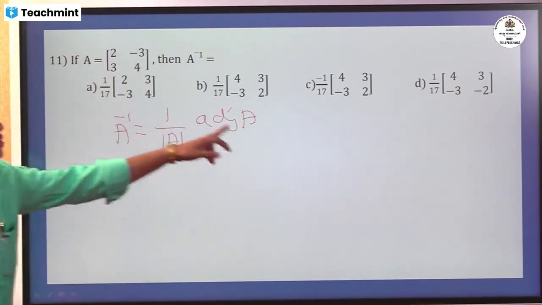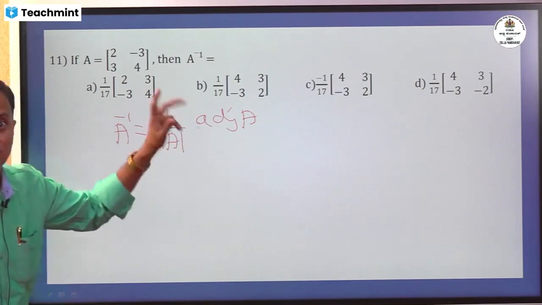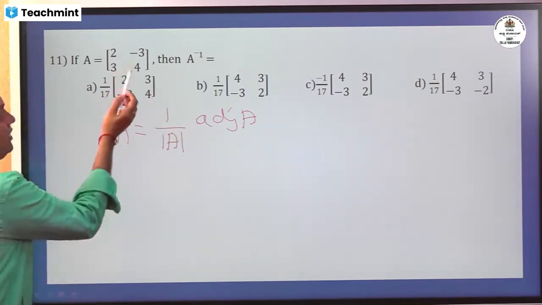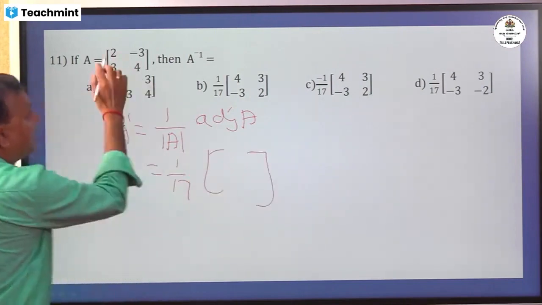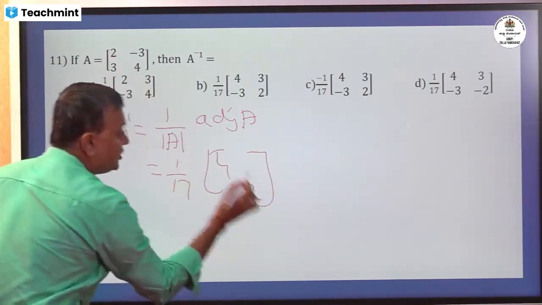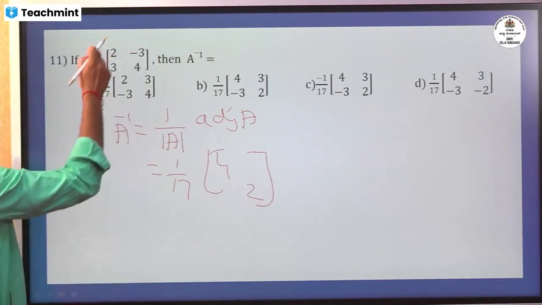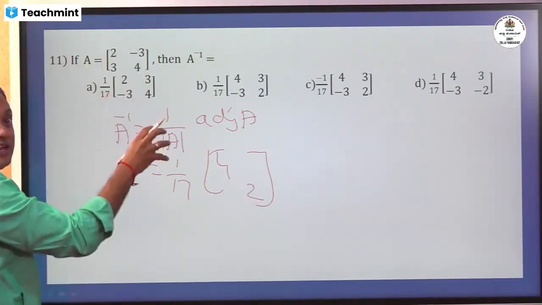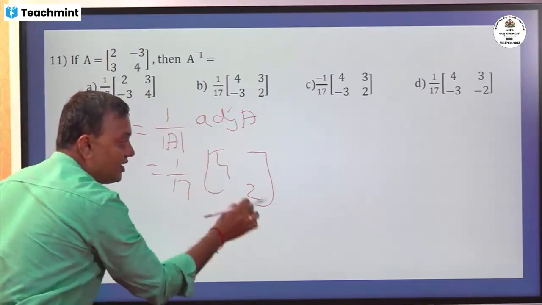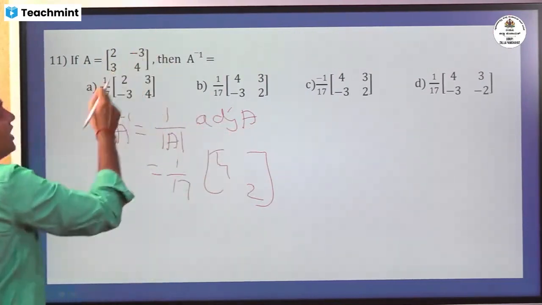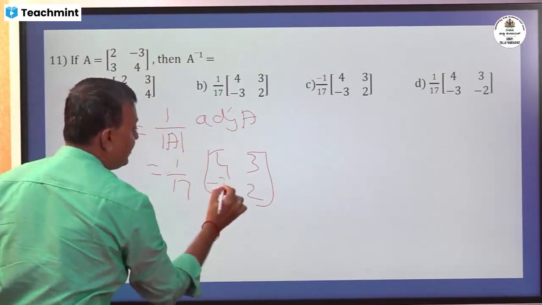Then the adjoint of a 2 cross 2 matrix is obtained by interchanging the main diagonal elements and just changing the sign of the secondary diagonal elements. We can easily write the adjoint of a 2 cross 2 matrix. Interchange the main diagonal elements, change the sign of secondary diagonal elements, 3 minus 3.